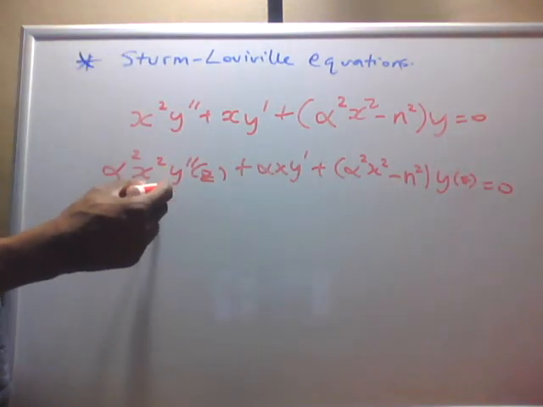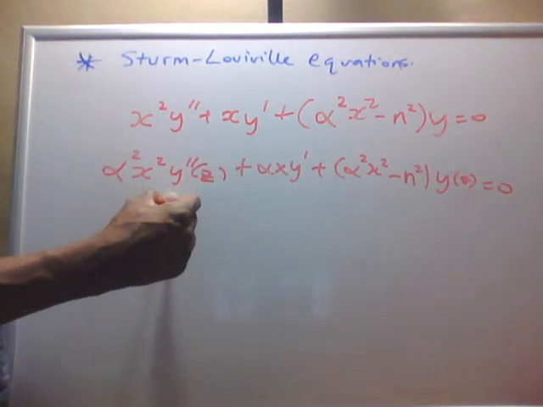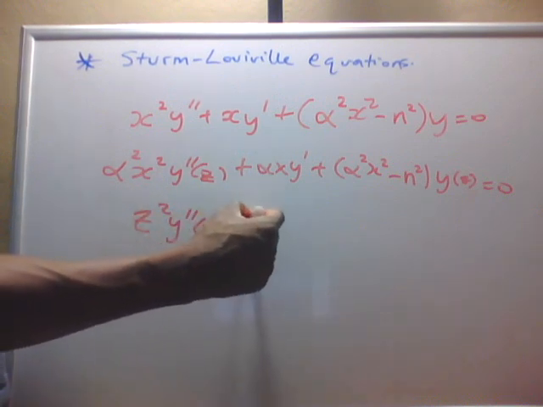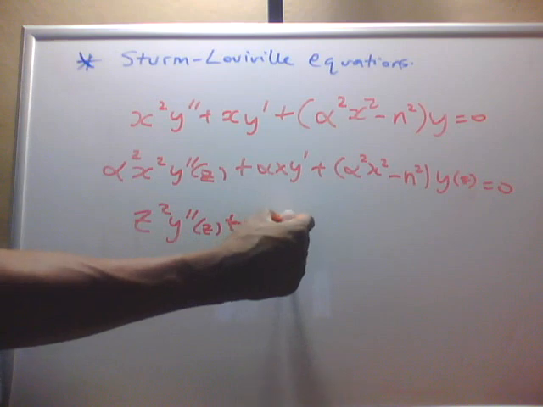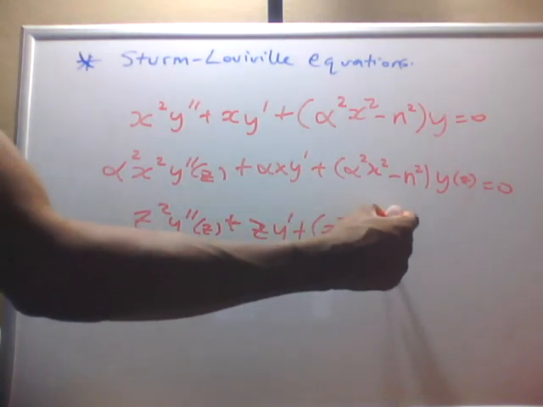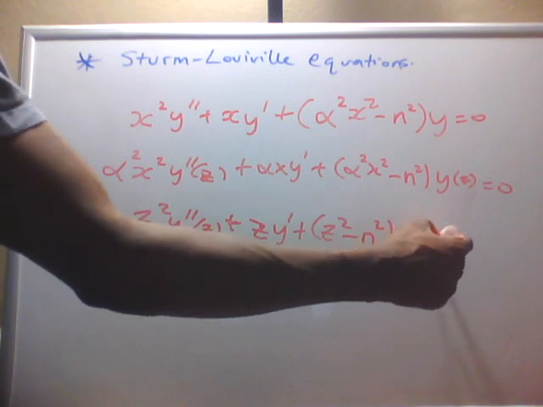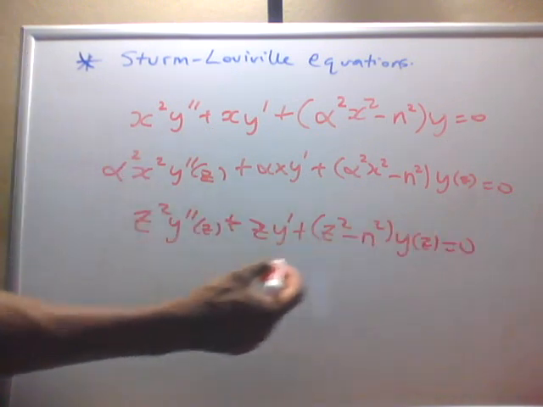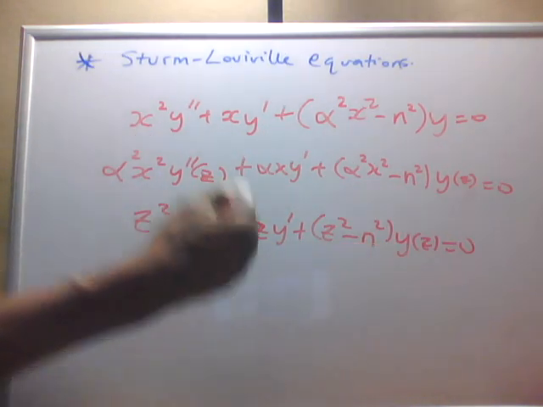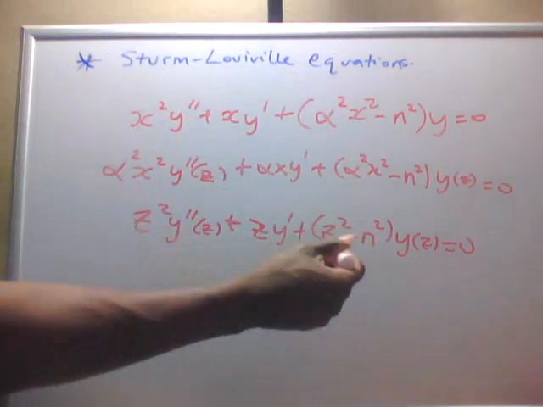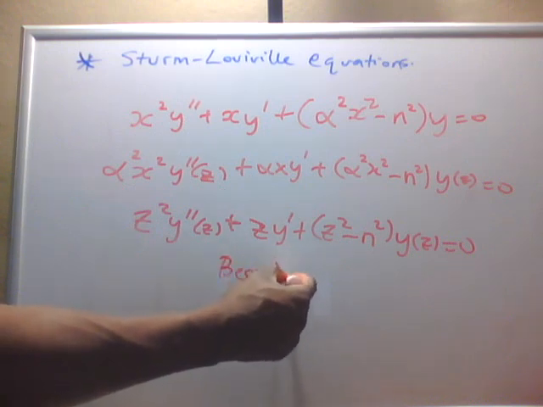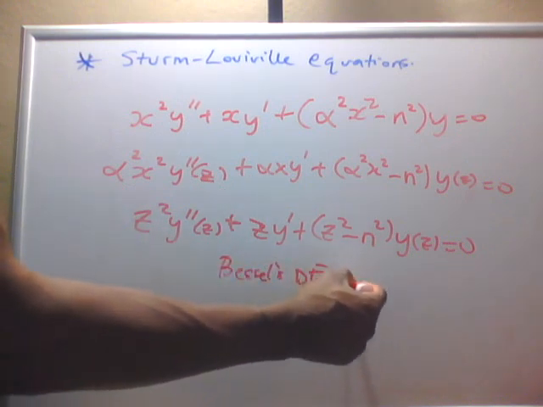If I just replace it with the variables we just substituted, we get z squared y prime prime plus z y prime plus z squared minus n squared y of z equals 0. So you can clearly see that this is the Bessel equation form that we are familiar with. This is Bessel's differential equation of order n.